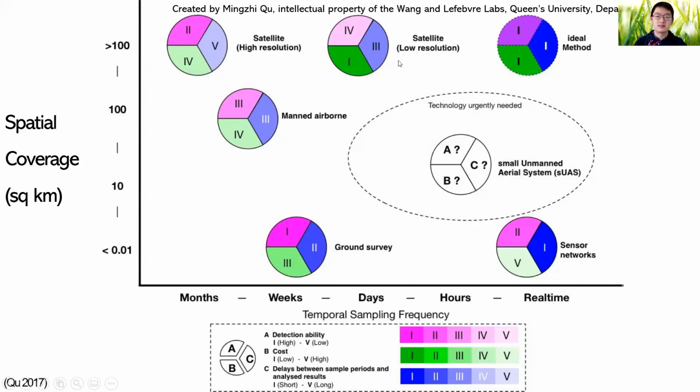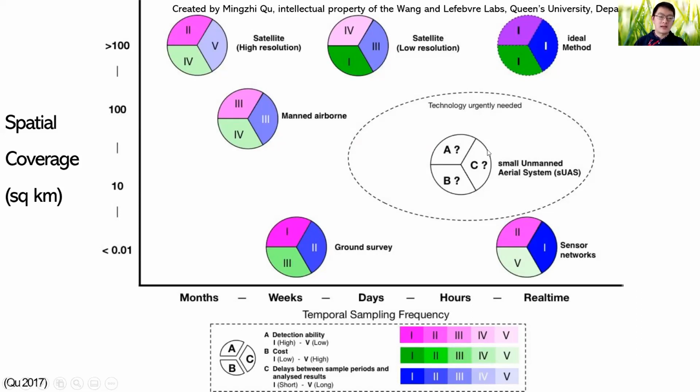High resolution satellites and small planes or manned aircraft have high detection ability, but can't be deployed on demand. They cover areas infrequently and they can be very expensive to collect data from. Ground surveys are limited by accessibility and lack coverage, and sensor networks are very expensive and lack coverage as well. So there's a bit of a gap in detection ability.